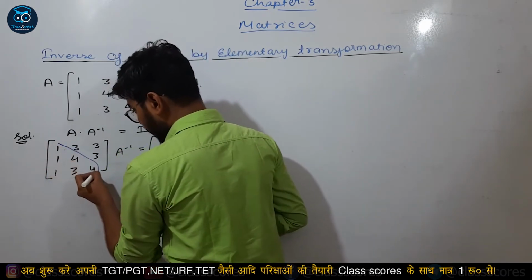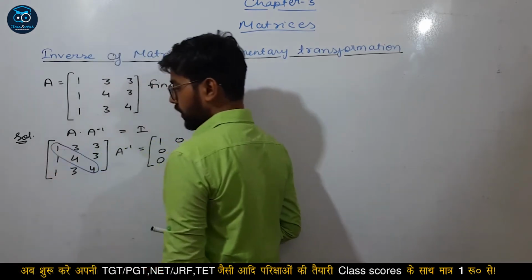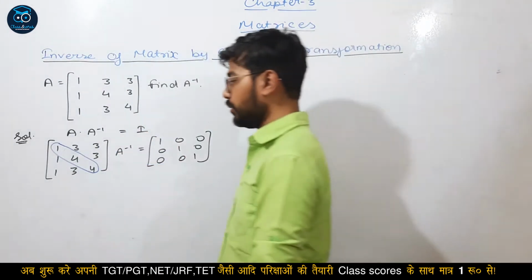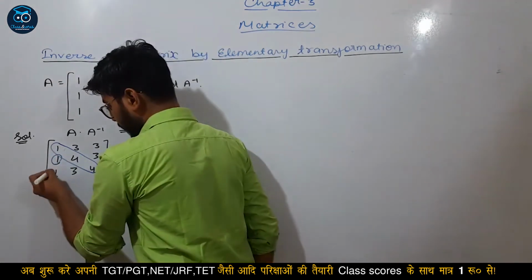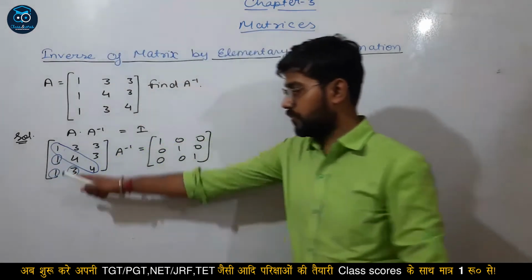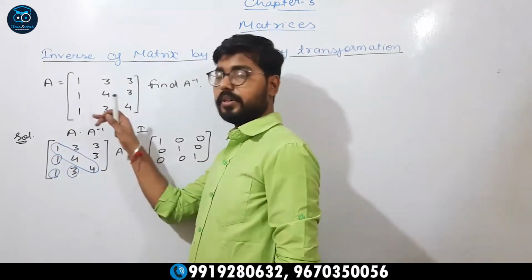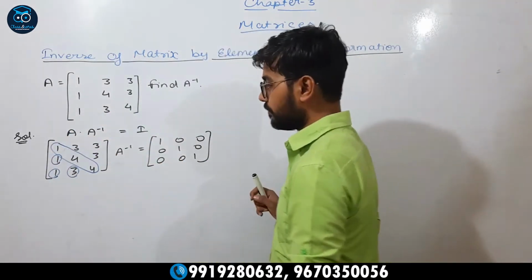Now first of all we need to set our target. This is our diagonal. Now we need to convert the rest of the values into 0. First this, then this, then this. First we need to convert these three values to 0. After that we are going to convert these values to 0.